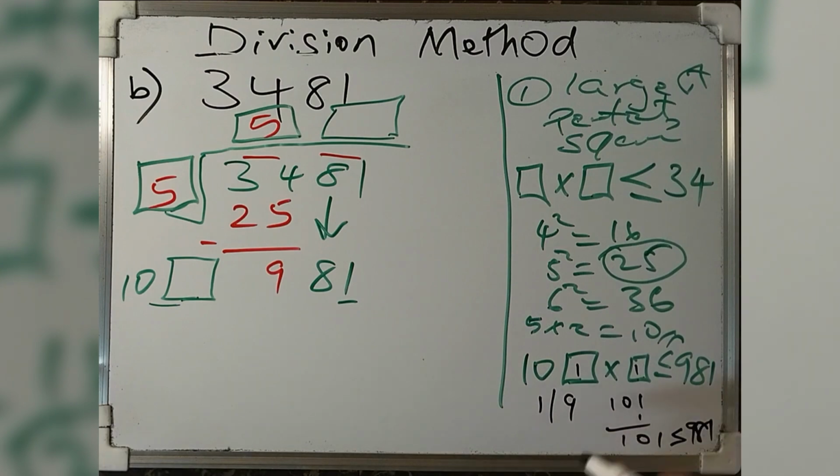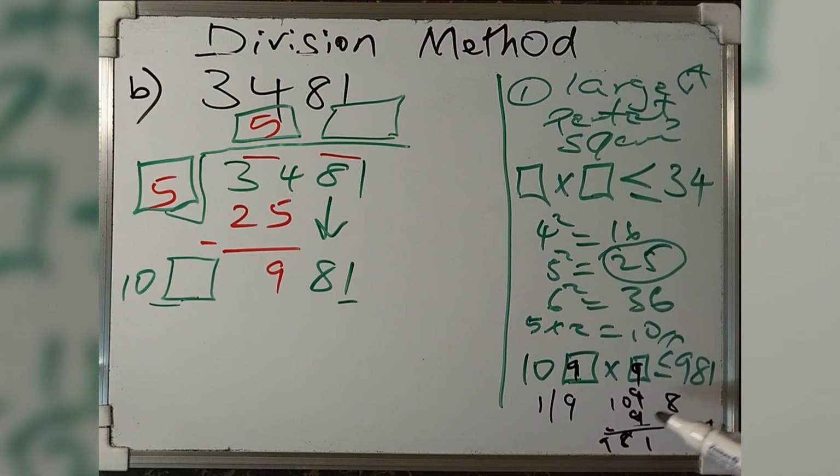Let's try 9. So for 9, we're going to have 109 times 9. 109 times 9 will be, this is 81, this is 1, this is 8, this is 0, this is 8, and this is 9.